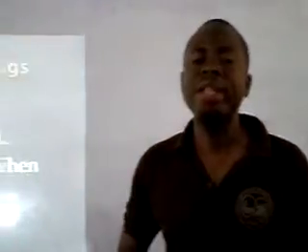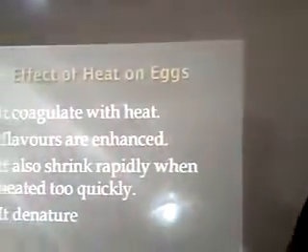So we are saying that the principle is telling us that we should prepare egg using low temperature to prevent toughening, curdling, and discoloration. And we are to also cook only when the desired texture is what? Achieved. Let us proceed to the next issue, that is effect of heat on egg. When heat is applied to egg, what happens?